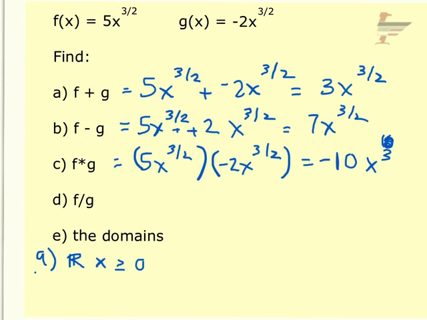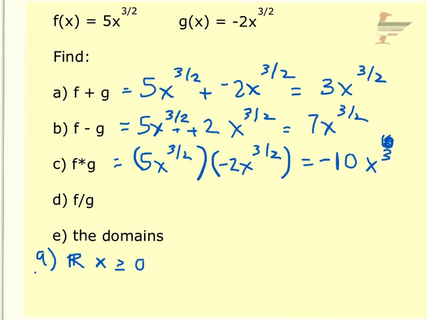And now this one's tricky because x cubed, you can cube anything, so your domain for the final answer would be all real numbers, but remember your domain goes back to the unsimplified. So again, you have square roots, so your domain is everything greater than 0.